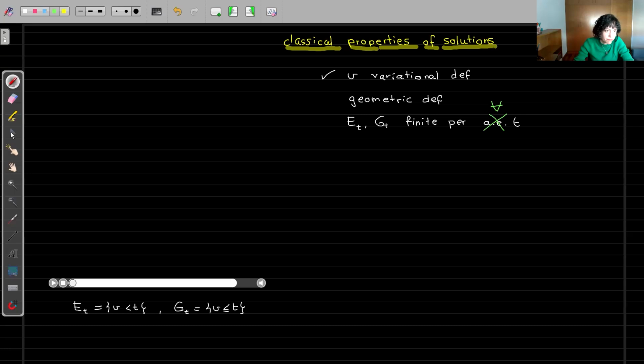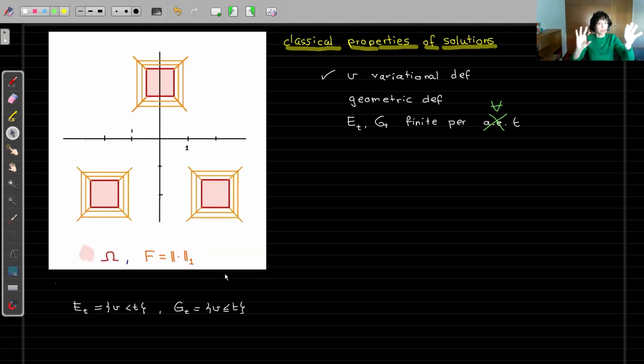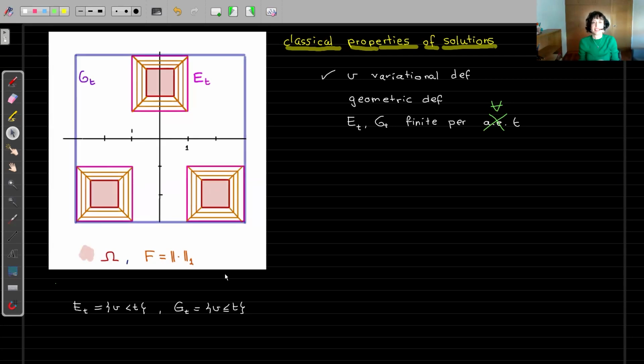If I can select the video. So we have our starting Omega, three squares, and the norm is the one norm, and they will grow independently as squares, as we have seen before, not knowing of the existence of each other, till it arrives sometime t where the perimeter of the three squares is equally cheap, so it has the same perimeter as if I consider the bigger square surrounding these three, that will be G_t.